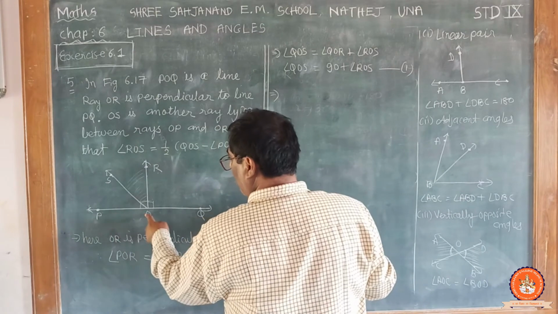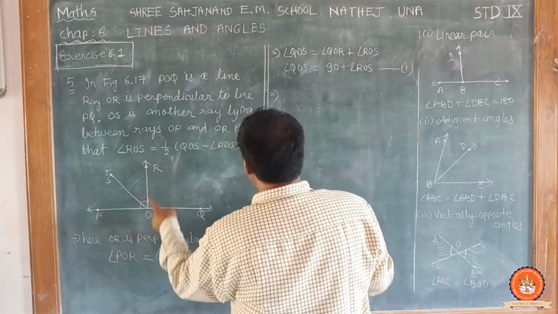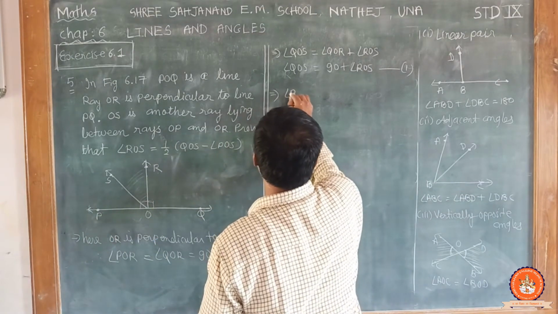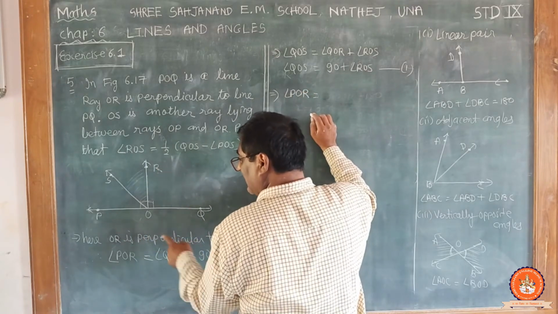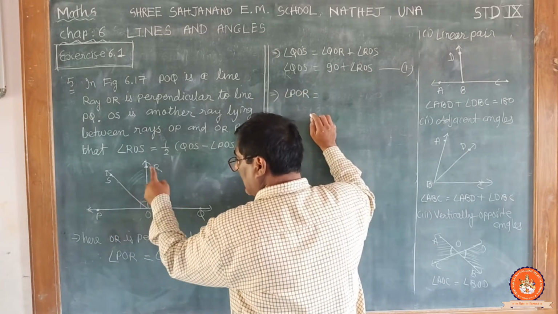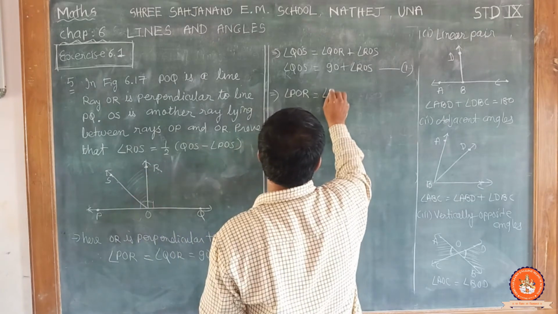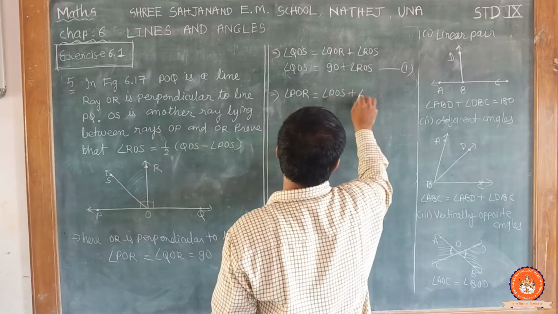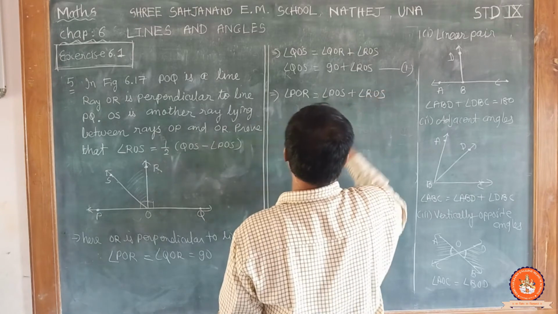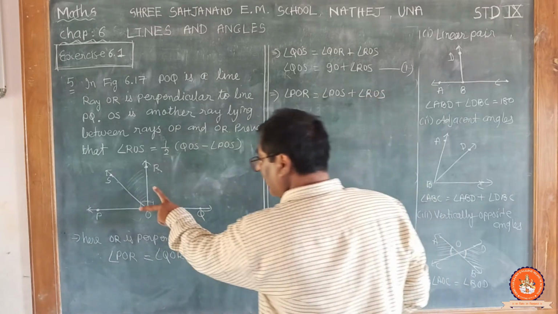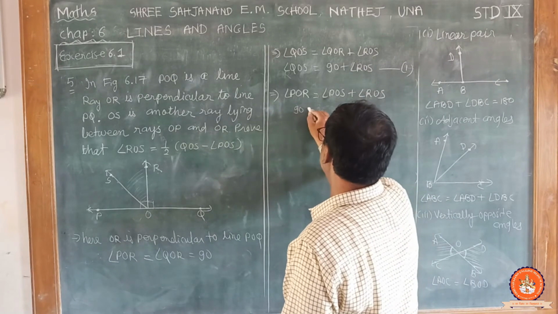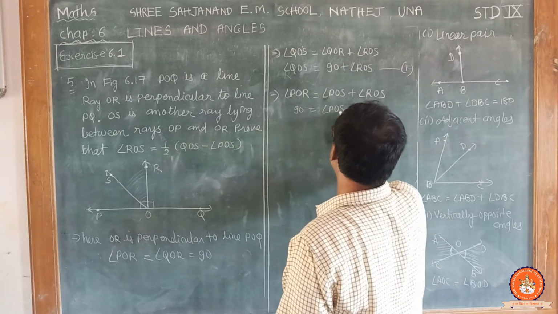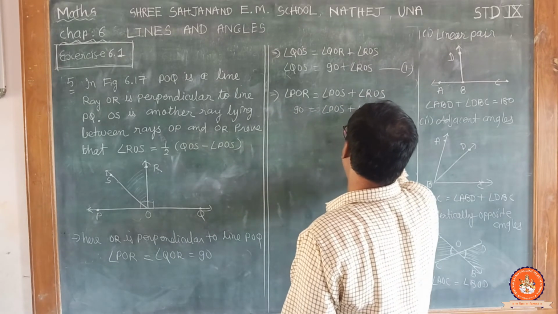Similarly, we also want to find out the value of POS. Now angle POR equals POS plus ROS. POR is 90 degrees, so 90 equals POS plus angle ROS.